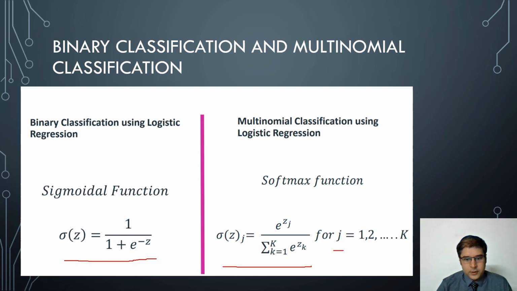For j equal to 1 to k, we have rho of zj equal to e to the power zj divided by the summation over k equal to 1 to K of e to the power zk. The denominator has all the exponents and the numerator has the exponent for the current z. Z is the class, the particular class or feature for which we are calculating the softmax function.